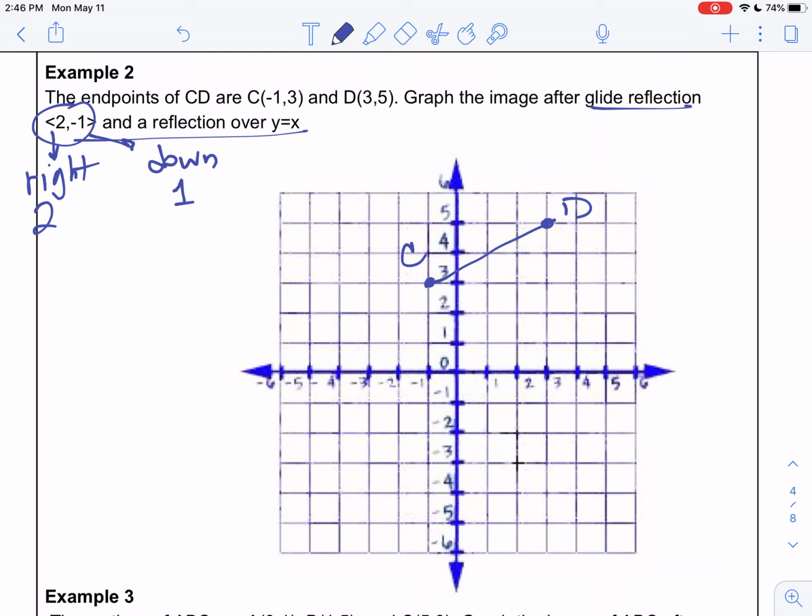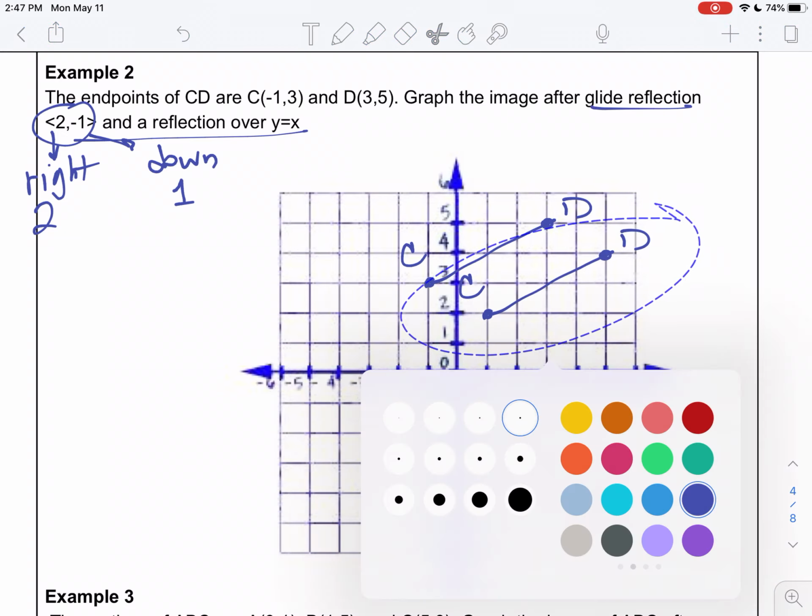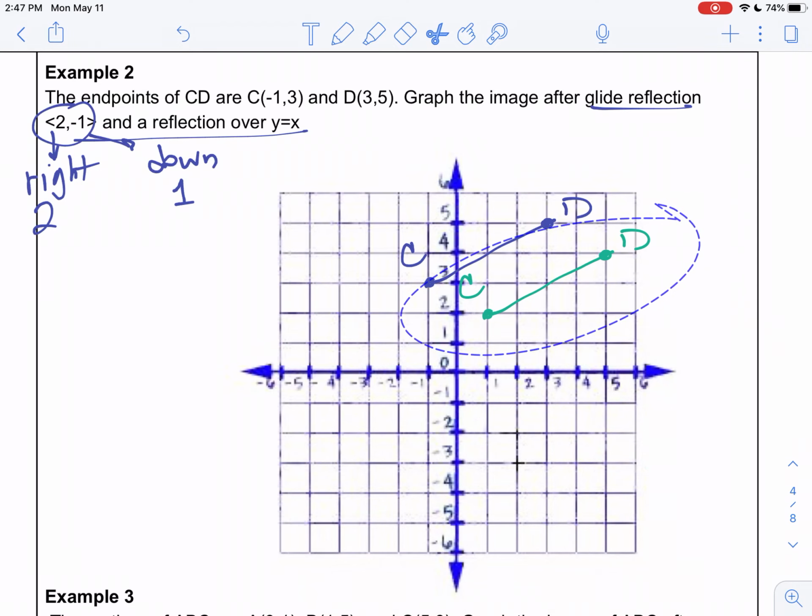I might choose to take this CD, move right 2 units, and down 1, and that becomes my C prime D prime. I now need to reflect over the line y = x, which remember is this line here, where all my x and y coordinates are the same.